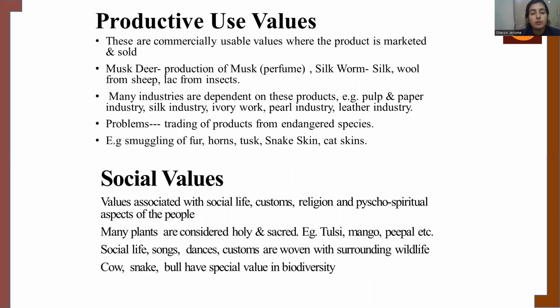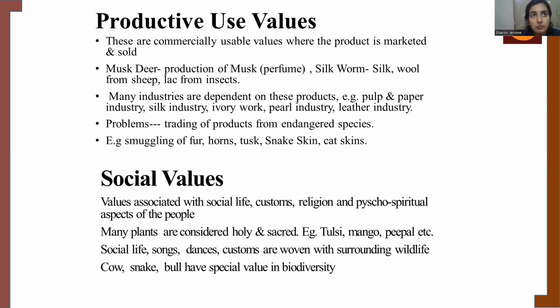Next, when we talk about productive values, they are commercially usable values where the product is marketed and sold. That is, mainly the industries are dependent on the productive value of biodiversity.